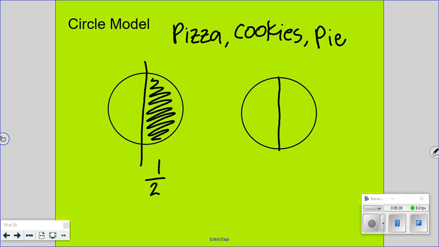I might see this, and then I'll see this. Are those pieces fair? No. But I see a lot of students do this to represent 1, 2, 3, 4, 5, 6. We've got 6, but these are not fair. Now, is there a way to draw 6 correctly? Yes. But this is why I'm not a big fan of circle models, because it takes a little bit more thought. So circle models are not my favorite.